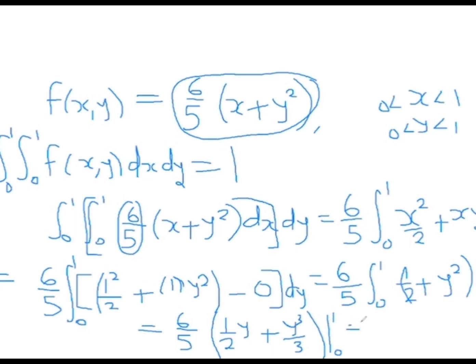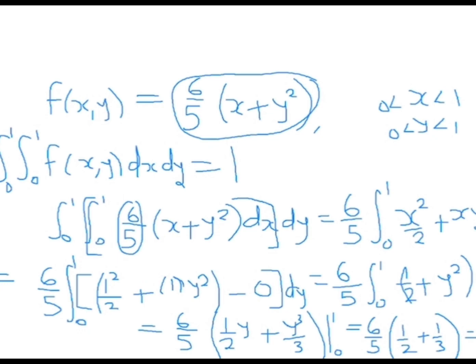When you plug in 1, that's 1 over 2 plus 1 over 3. When you plug in 0 and subtract, you just have this, and when you simplify that, that should give you 5 over 6.